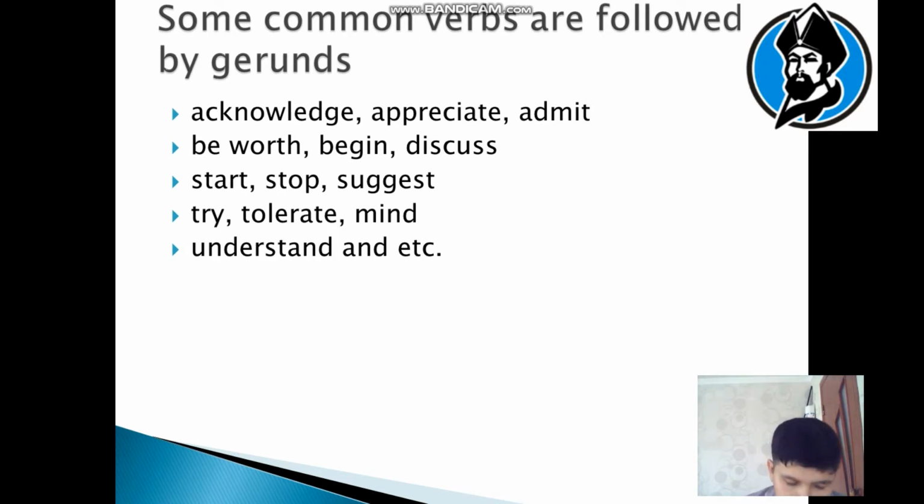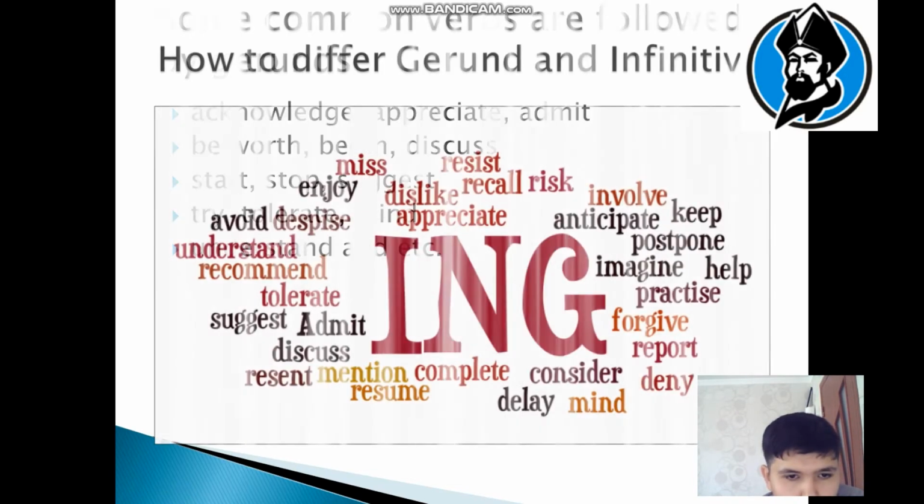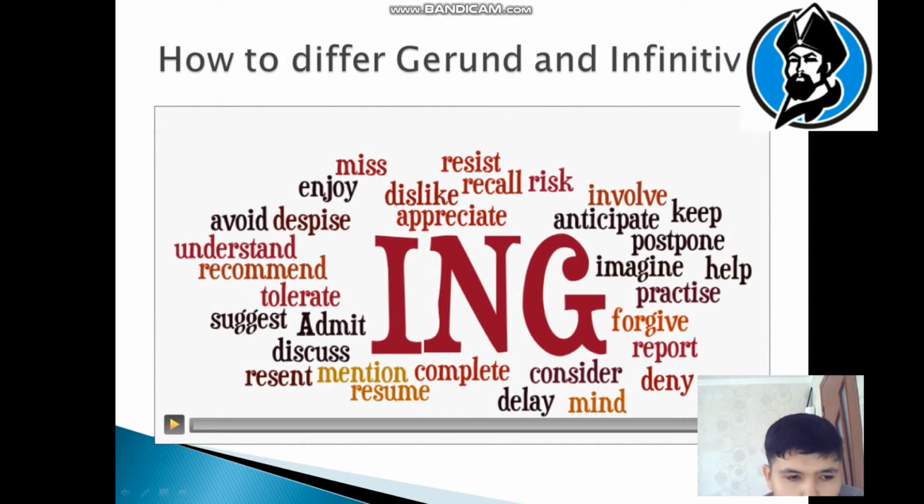How can you see that predicate is used together with gerunds? You can see the common verbs that are followed by gerunds. They are acknowledge, appreciate, admit, beware, begin, discuss, start, stop, suggest, try, tolerate, mind, understand, and so on.